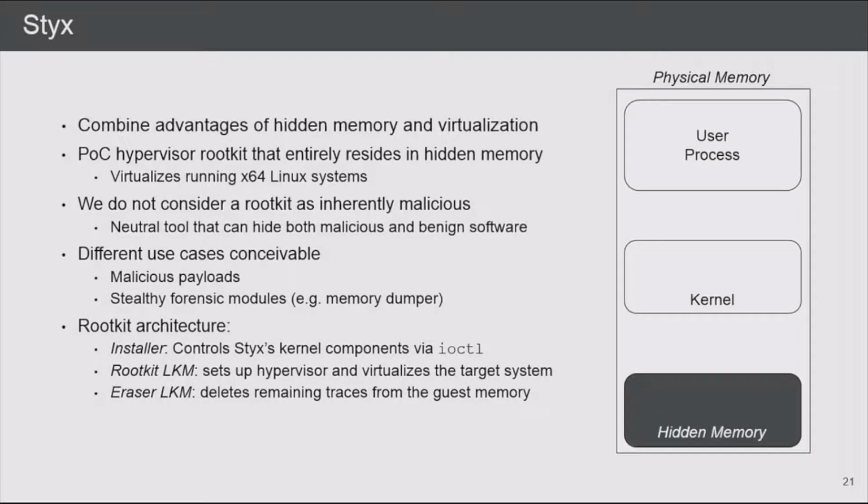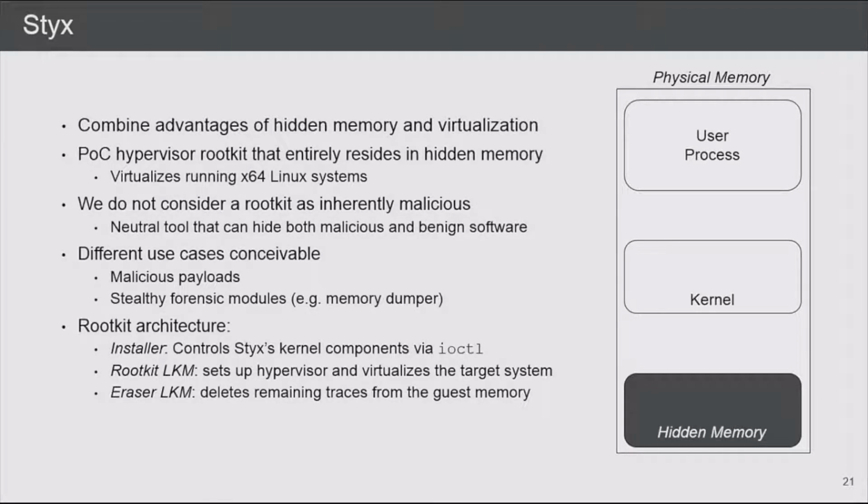So we decided to try to combine both advantages of hidden memory as well as hardware-based virtualization, and this results in a proof of concept hypervisor rootkit that entirely resides in hidden memory and is able to virtualize running x64 Linux systems.